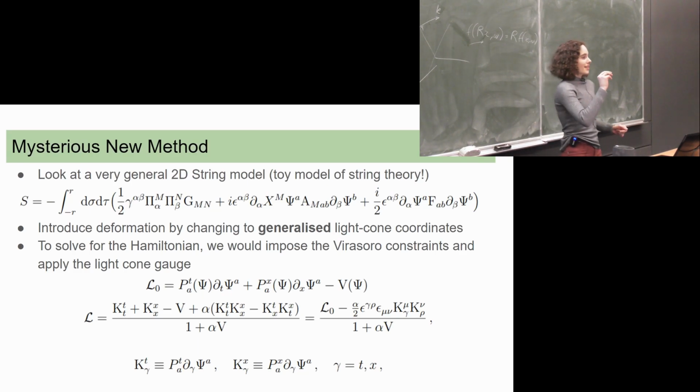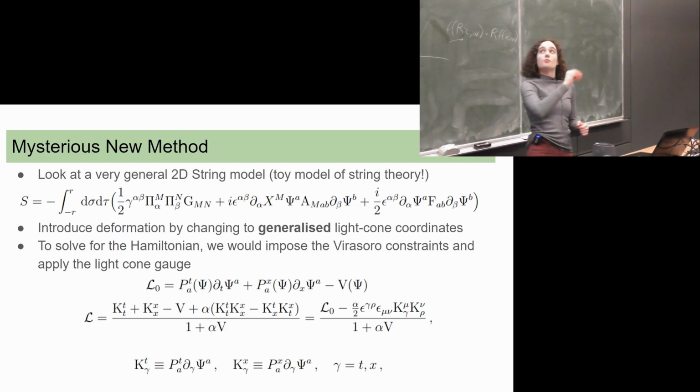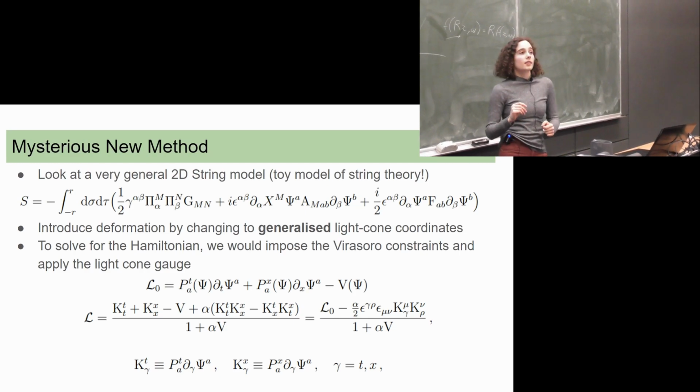But in this case, almost like magic, the method was that when you switch to these light cone coordinates, you change them slightly and add in this deformation parameter, in our case, this alpha.